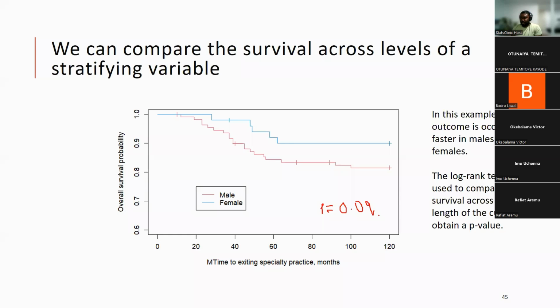How would you interpret a p-value of 0.09? Would we say that the survival in the groups is significantly different or not significantly different? It's not significantly different. Yes, we would say that it's not significantly different.